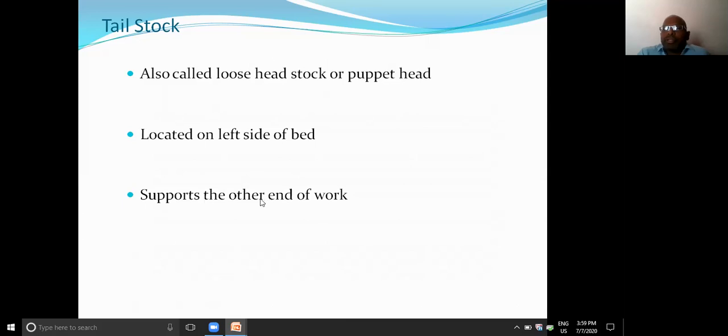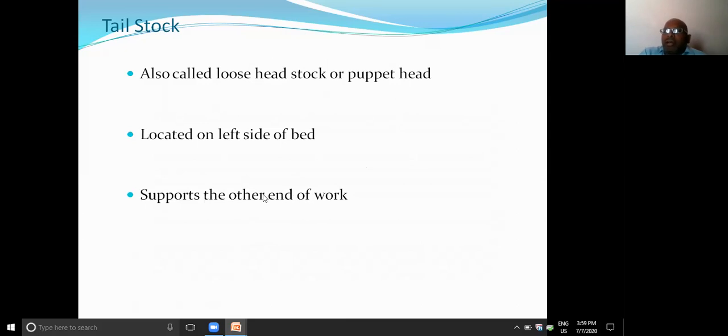During the previous discussion we discussed that if the L by D ratio is more than 4, it causes vibration. What is L by D? That means the ratio of the length of the job to the diameter of the job. So if the L by D ratio is more than 4, in order to prevent vibration of that job, one end is fixed firmly in the headstock, and the other end is supported with the help of the dead center.